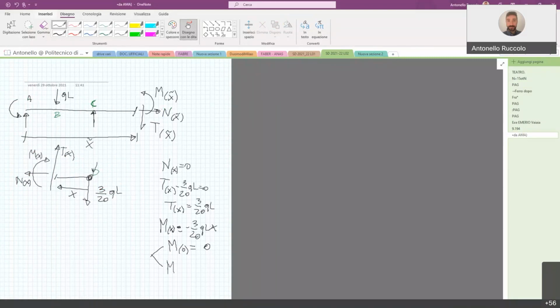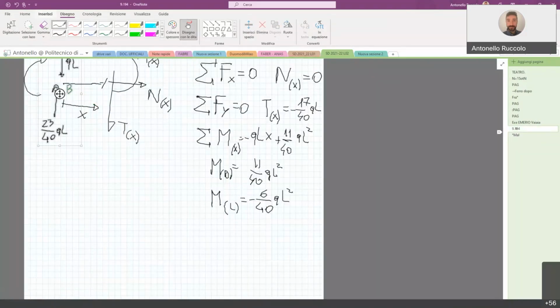Whereas in the node C, M in x equal to L is equal to minus 3/20 QL to the power of 2. Notice that it is exactly the value of the bending moment.